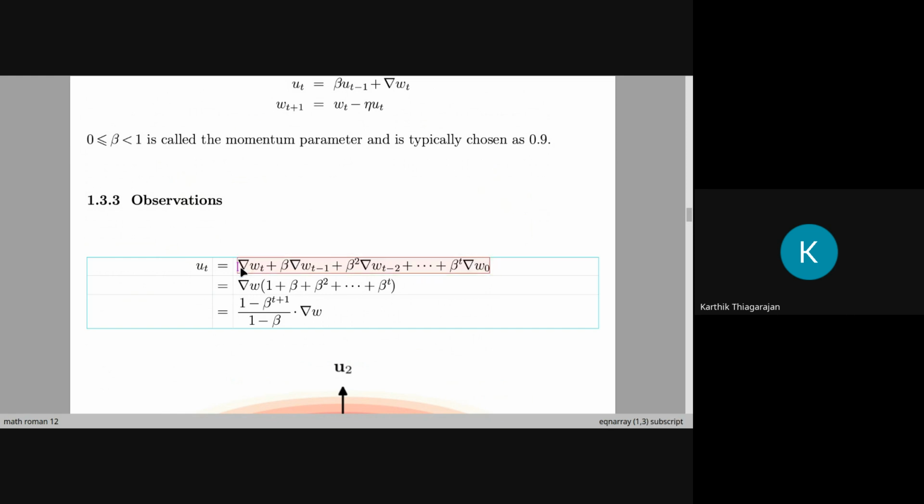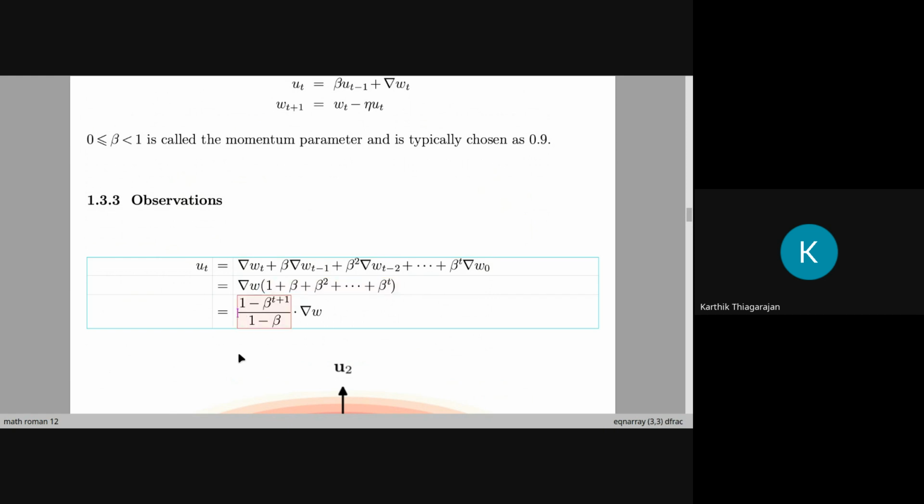If you are in a region where the slopes are similar, a gentle region where for quite a few time steps the slopes are the same, then you can replace all gradients with just one gradient. Then you have a summation, and this is a geometric series, as you know.